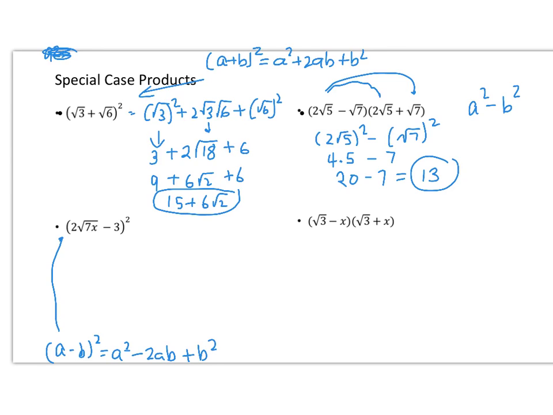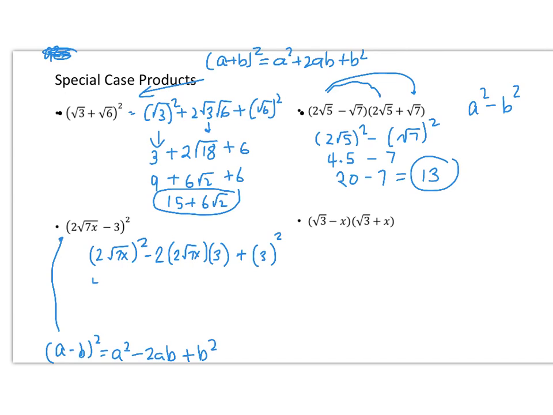So here we have 2 square root of 7x squared minus 2 times 2 square root of 7x. That's the a part. The b part is 3. And then the last part is the square of 3. That should be plus, right? So now we can take the square of the 7x.